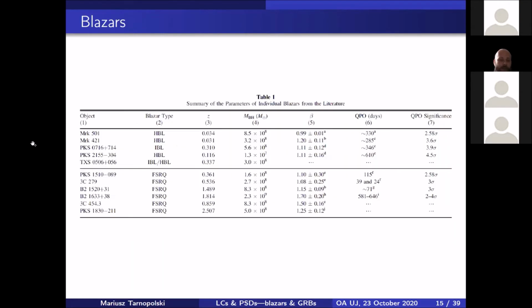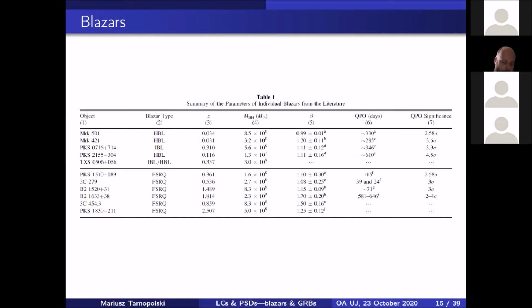Great. So let us now proceed finally to some actual results. Recently, in a paper of ours, we analyzed in great detail the Fermi-LAT gamma-ray light curves spanning 10 years of 11 of the brightest or otherwise famous blazars like Markarian 501 or 3C 454.3, using a variety of methods, and performed also exhaustive benchmark testing of their reliability.